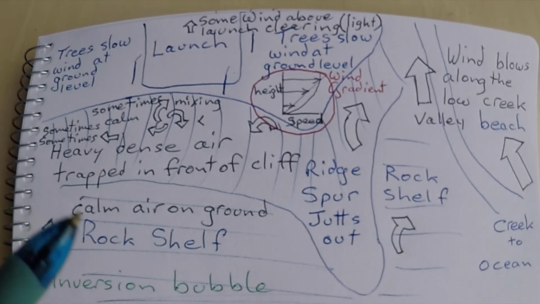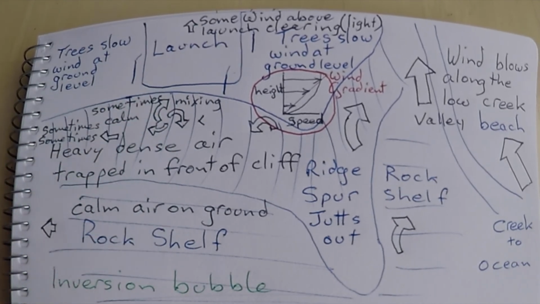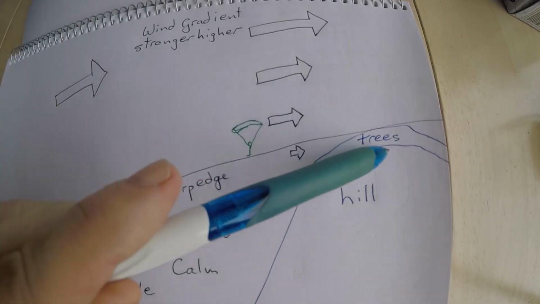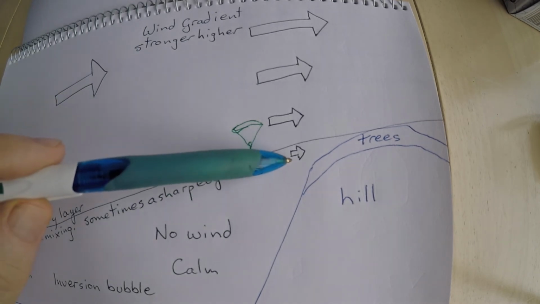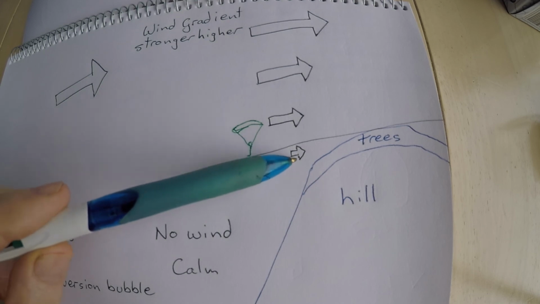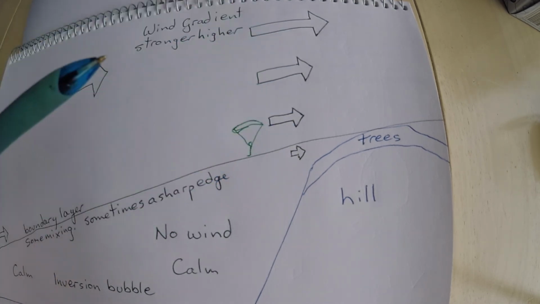That's on top of the inversion bubble, which we're going to move on to on the next pages. Trees on the hill with a wind gradient where the wind lower down can be less than the wind higher up.